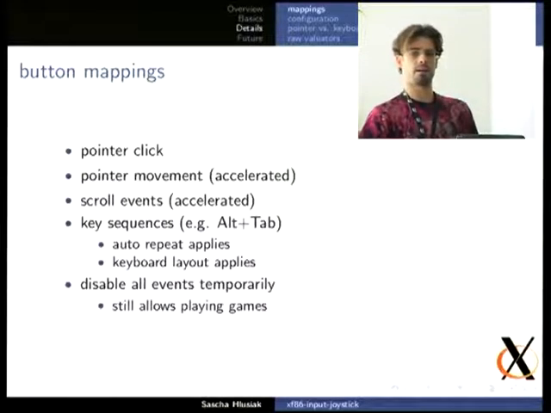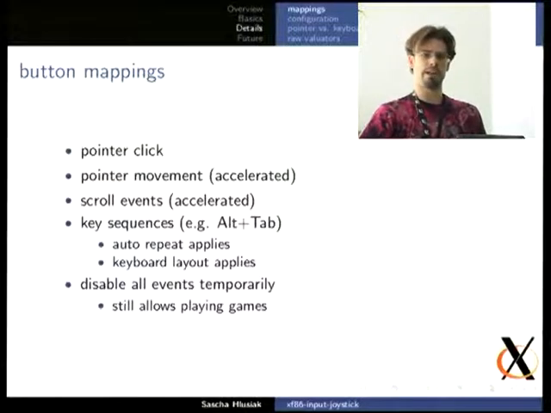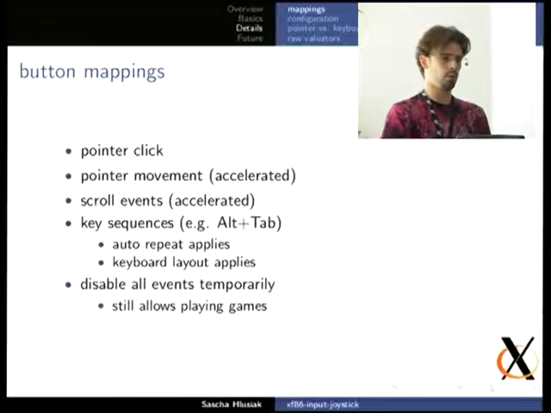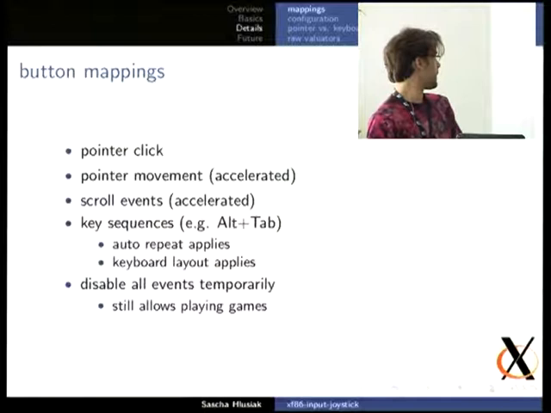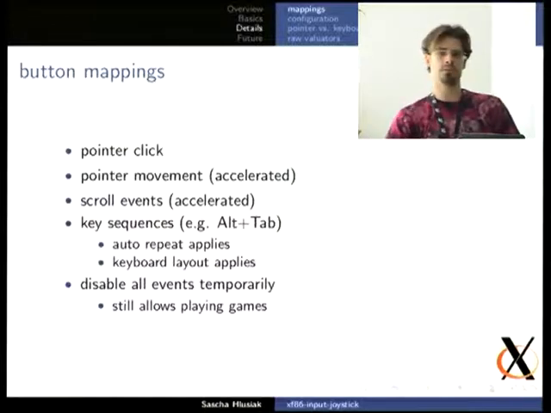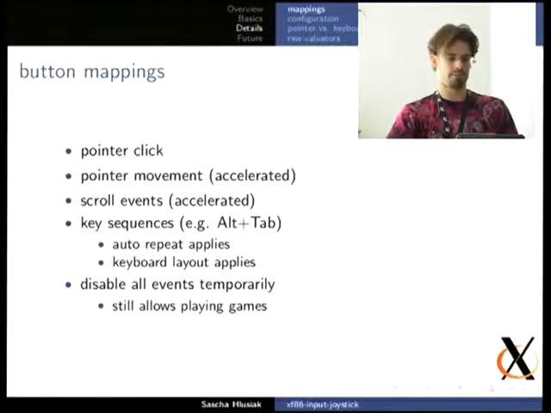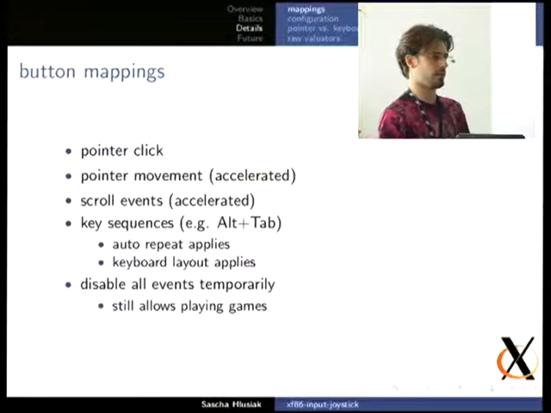So in the beginning, I had problems with auto-repeat, that the auto-repeat of the keyboard applied to the joystick, which wasn't very useful, but this situation improved a lot lately. And one big problem was the keyboard layout, actually, because from the input module, I did not have access to the client space of keyboard layout and keyboard events.